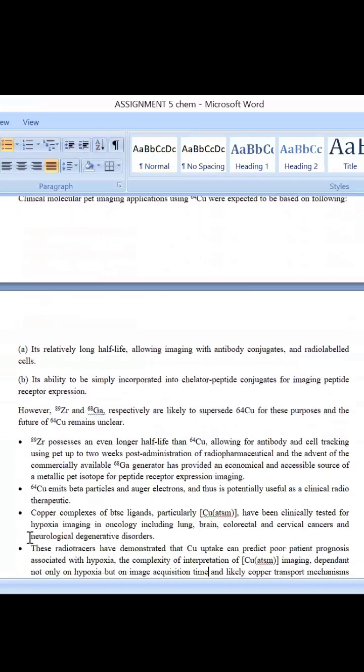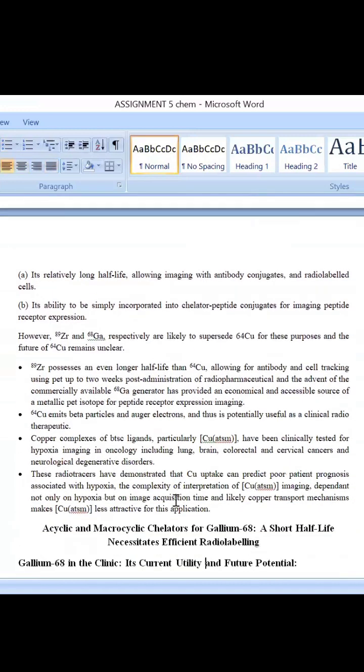However, zirconium 89 and gallium 68 respectively are likely to supersede copper 64 for these purposes, and the future of copper 64 remains unclear. Zirconium 89 possesses an even longer half-life than copper 64, allowing for antibody and cell tracking using PET up to 2 weeks post-administration of radiopharmaceutical, and the advent of the commercially available gallium generator has provided an economical, accessible source of a metallic PET isotope for peptide receptor expressing imaging.